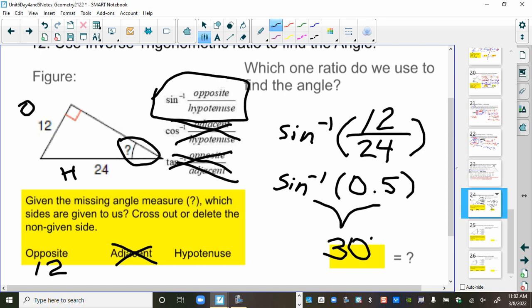And if you think about it, remember, think about it like the short leg, hypotenuse. The short leg was across from the 30-degree angle. So we've actually seen this before. But that's all we're doing. Questions on this one?